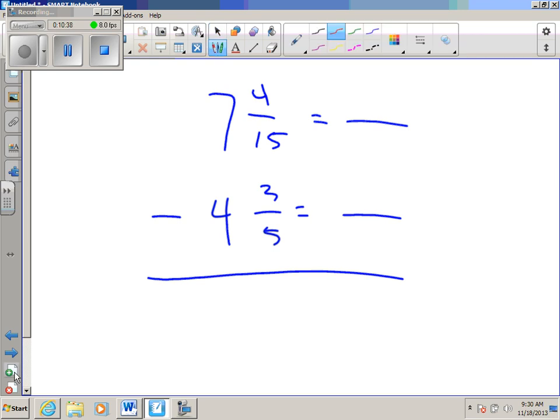If we switch when we can, we may be able to sniff out the problem a little bit easier. So 15, it's going to keep that, right? Times 3 is 9. What's the problem? I cannot take away 9 if I only have 4.